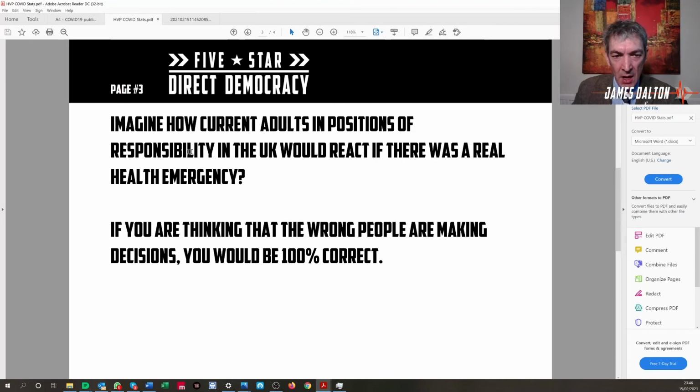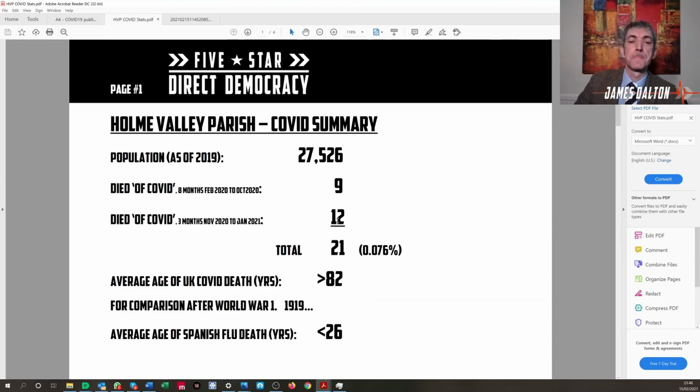Now just imagine how current adults in positions of responsibility in the United Kingdom would react if there was a real health emergency. If you are thinking that the wrong people are making decisions, then you would be 100% correct. 21, 0.076%, average age 82.